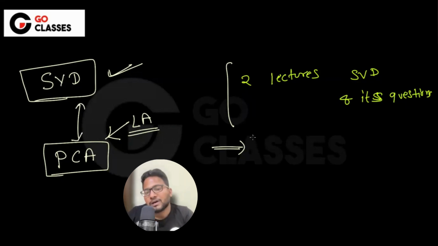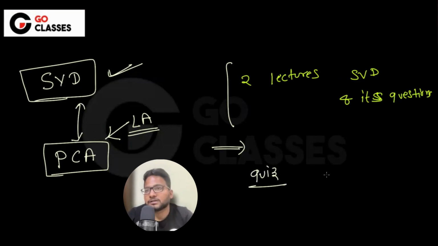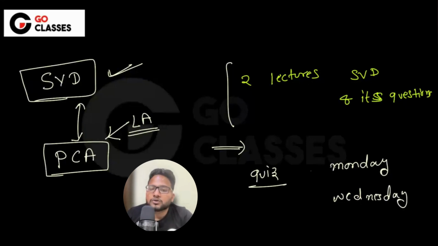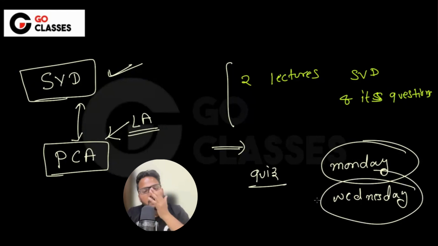Cool. So let's do one thing. After 2, 3 lectures, we will be putting one more quiz. Today is Friday, then Saturday, Sunday. By Monday I will try to put one more quiz, and one more quiz on Wednesday as usual. So basically, we will be putting two quizzes so that you get to practice all the concepts you cover.